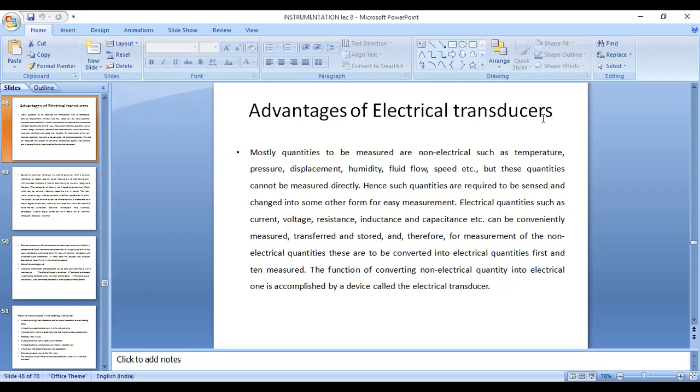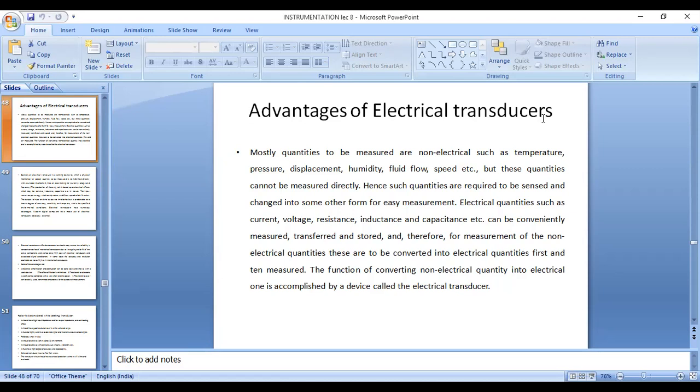I can't transmit temperature from one place to another place. I can't transmit pressure from one place to another place without drop. So if I want to send information or a signal from one point to another point, it is easy for me to convert any physical parameter like temperature, pressure, viscosity, speed, velocity, acceleration, pH, conductivity, and so on, into an electrical signal, such that I can transmit it.